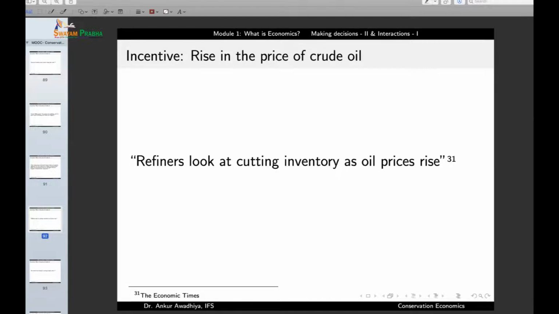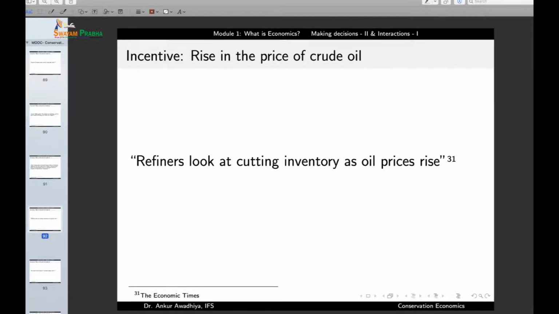So they are trying to reduce the amount of crude oil that they are purchasing, and they are using more and more of their inventory, the stocks that they already have, because they do not want to put more money into crude oil at a time when the price of crude oil is already high.